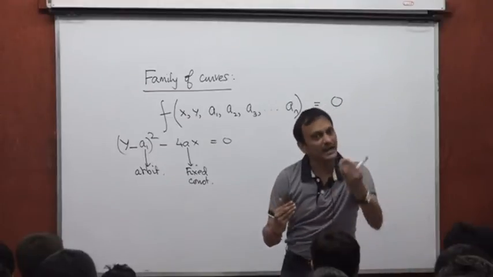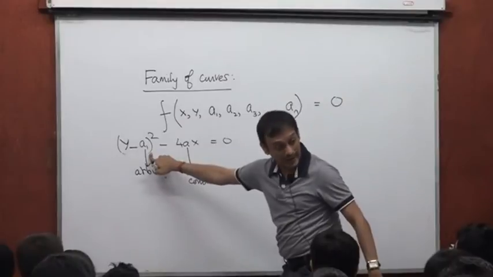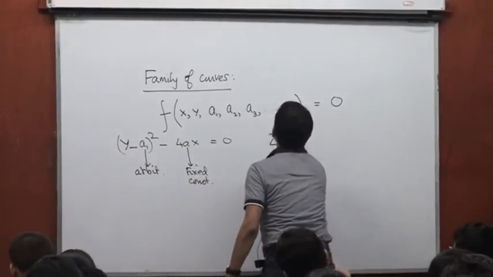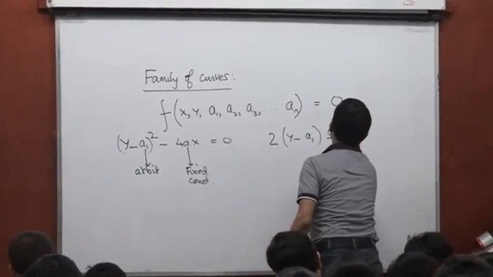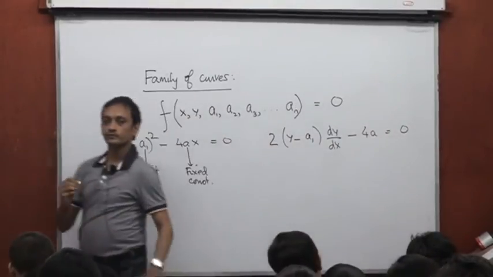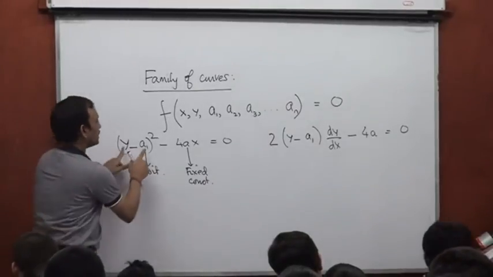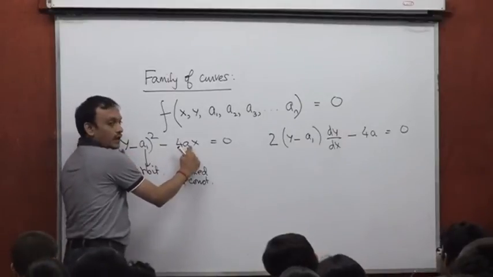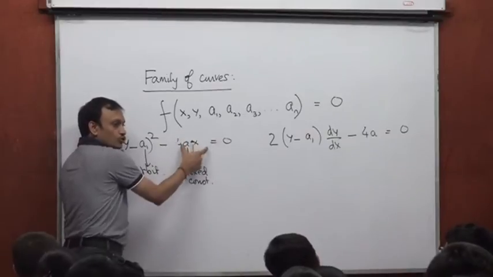To eliminate a1, let me differentiate both sides with respect to x. What is it that I get? 2(y minus a1) dy/dx minus 4a equals 0, right? Now this y minus a1, I can write as plus minus root 4ax. Yes or no?